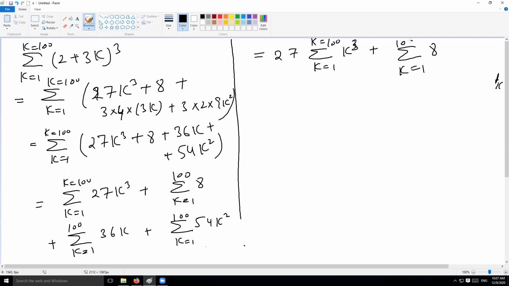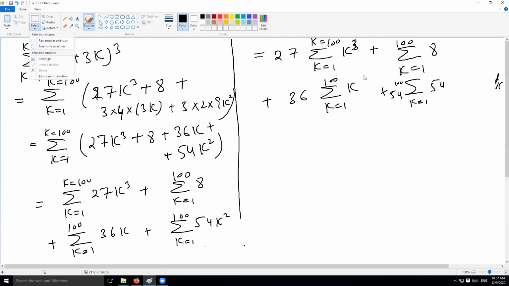Sum from k equal to 1 to k equal to 100 of 8, plus, in this sum 36 is a constant, so you can pull it out. So 36 times the sum from k equal to 1 to 100 of k, plus the sum from k equal to 1 to 100 of 54k squared. You can pull the 54 outside. Let me write it in a neater manner.